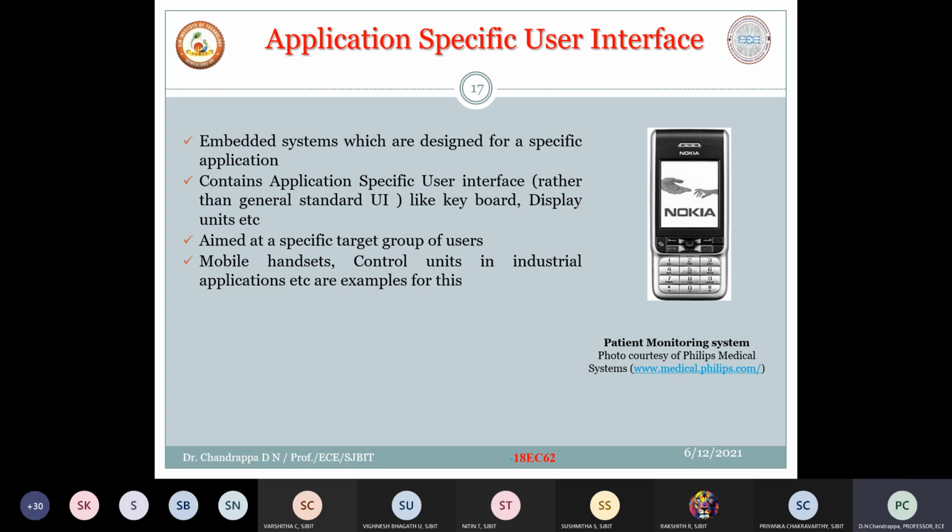Mainly in the cell phone we have the keypad, whether a smartphone or other than a smartphone, and the display unit. The display unit, keypad and battery take more space. In a smartphone we are not worried about the keypad, only the screen and the battery.